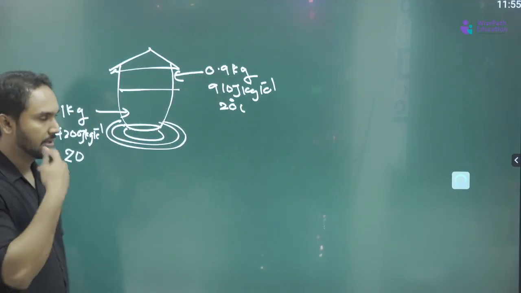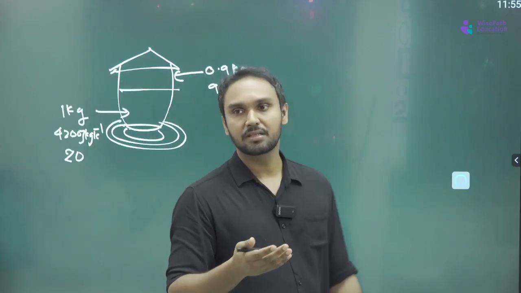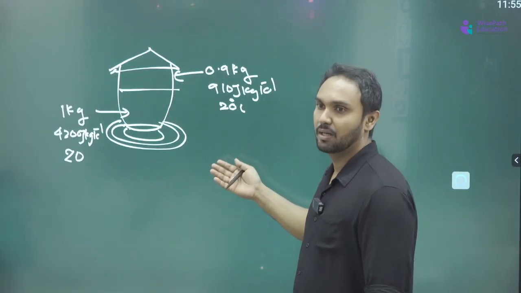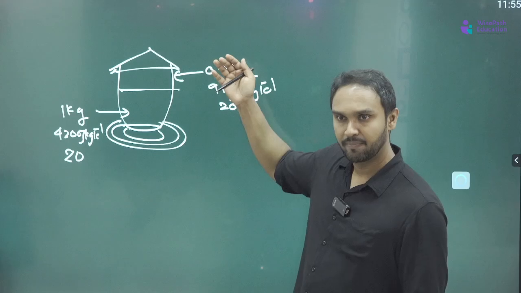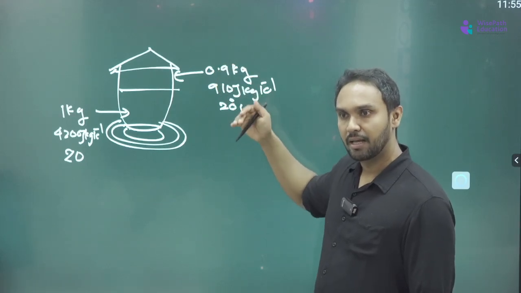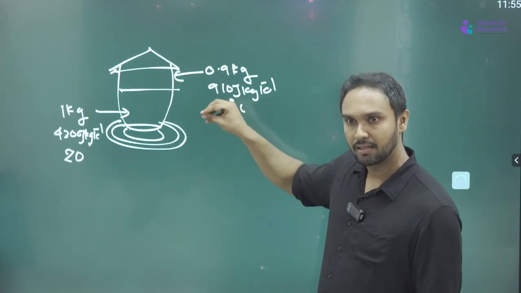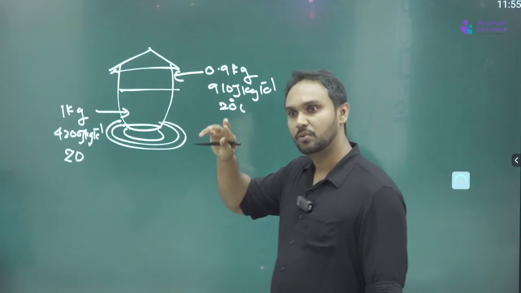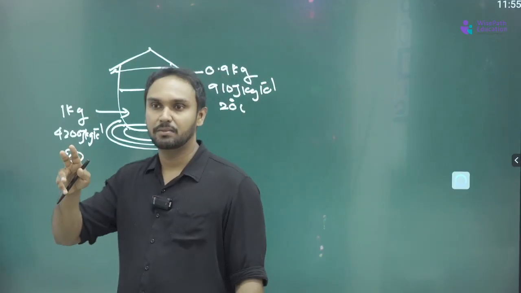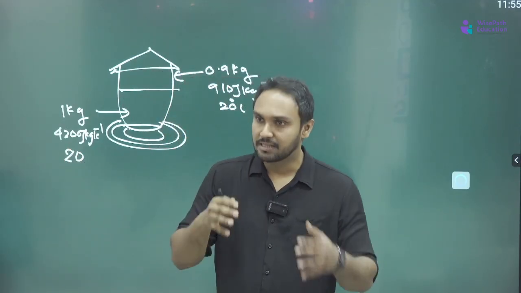Now understand that thing as well. So what happens once the system is heated up? The temperature will increase. Would the aluminium kettle and the water have two different final temperatures, or would it be the same? It has to be the same, because it's the same system.